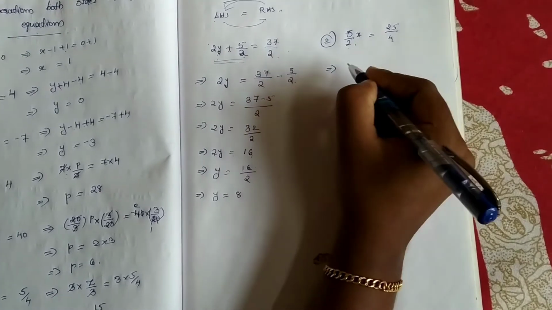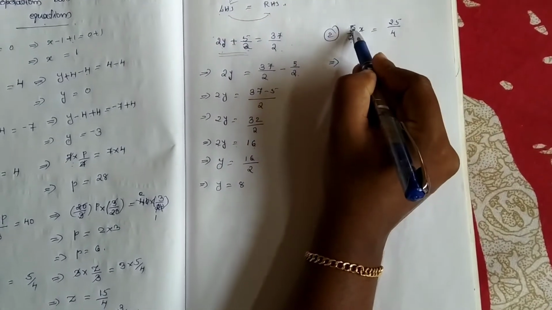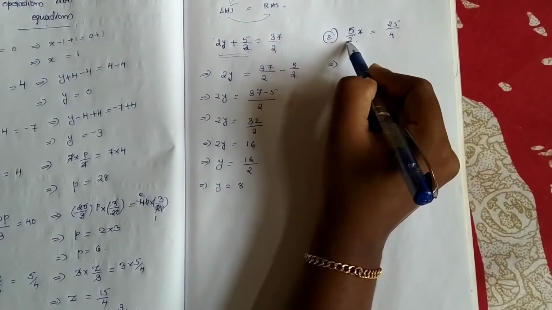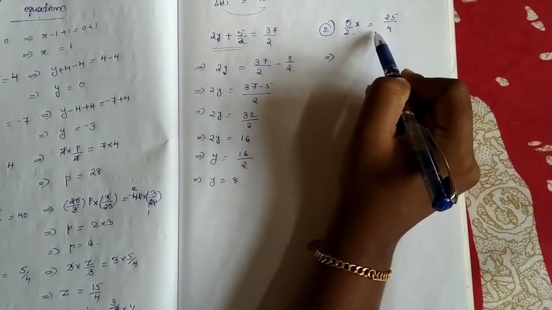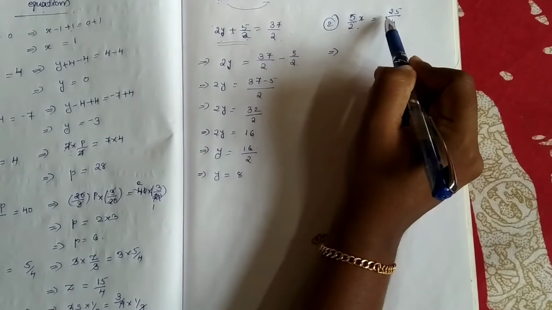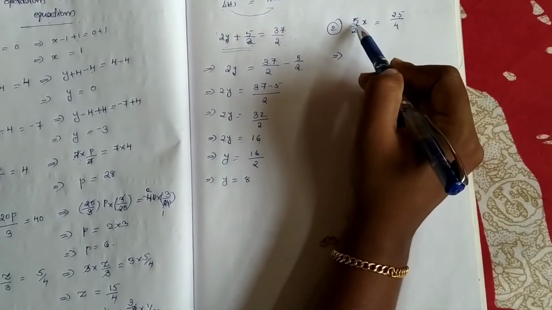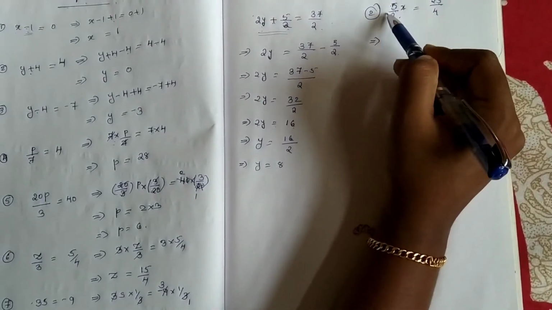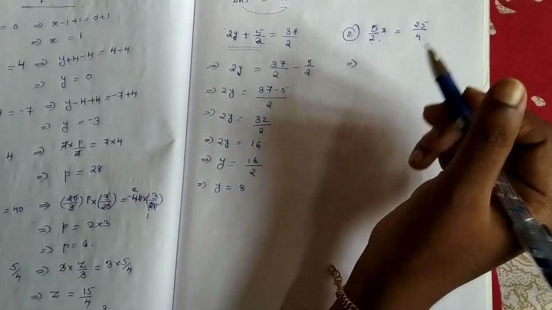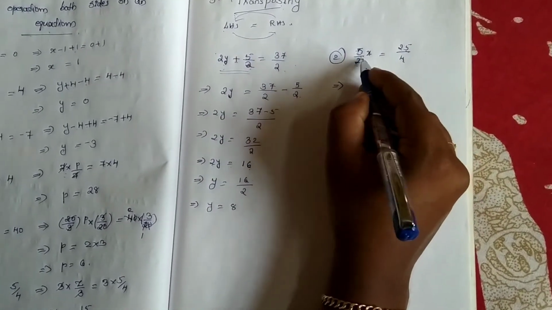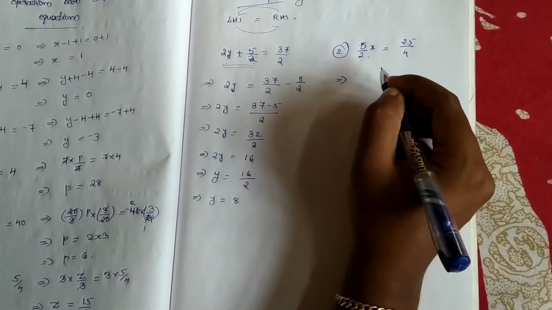How to move? 5 is in multiplication and 2 in division. We can move in two ways. First we move 2, then we move 5. That is possible. Otherwise, you can take the reciprocal of this fraction and multiply. Both cases are possible. I will take the first one, moving one by one.